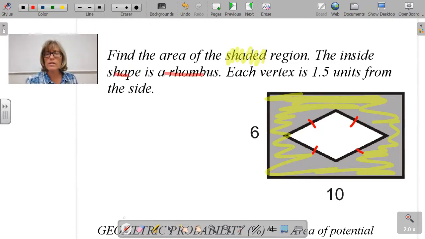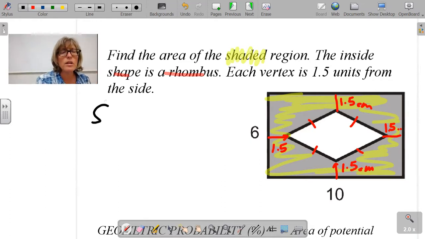The vertex is 1.5 centimeters from the side. So each vertex goes in like this. It's 1.5 cm, 1.5 cm, 1.5 cm, 1.5 cm.